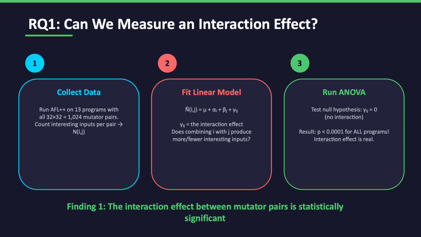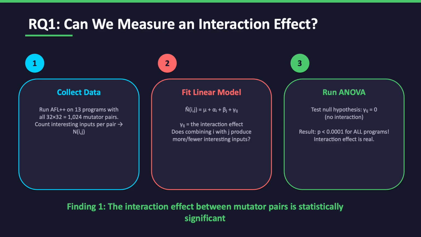First, they fix the mutator sequence length to exactly 2, so every sequence is just a pair: mutator I followed by mutator J. Second, they sample mutators uniformly at random instead of using AFL++'s default probabilities, so they get equal amounts of data for every pair. And third, they maintain a 32 by 32 matrix that counts how many interesting inputs each pair produces. They run this for 20 trials per program.